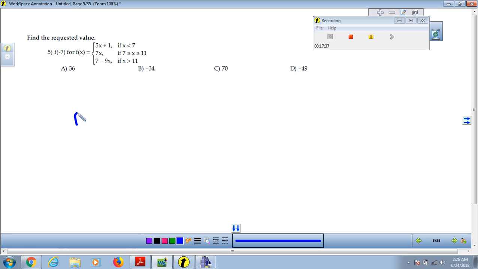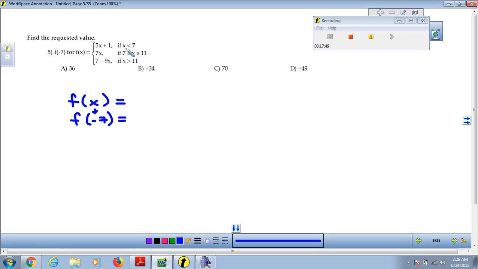So then f of negative 7 means that this was an f of x, right? Or that's what this number is representing, an x. So I have to be able to read these three restrictions for the domain of each of these 3 equations in this piecewise function.